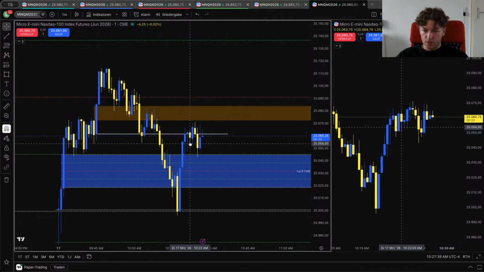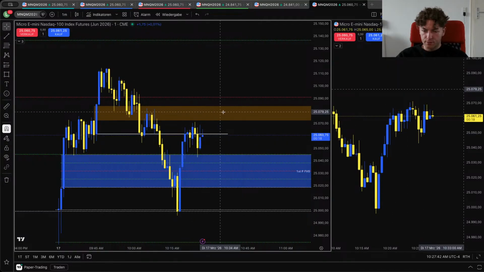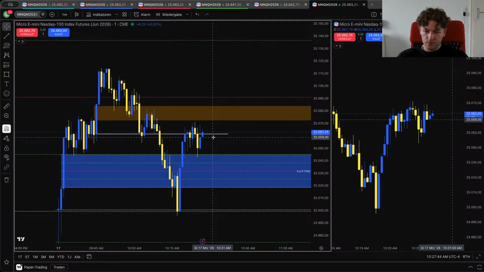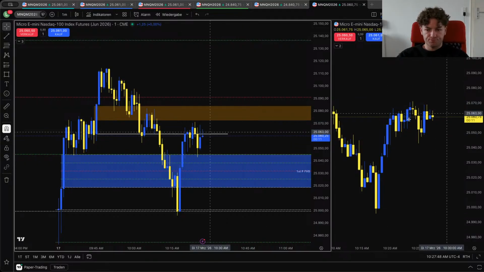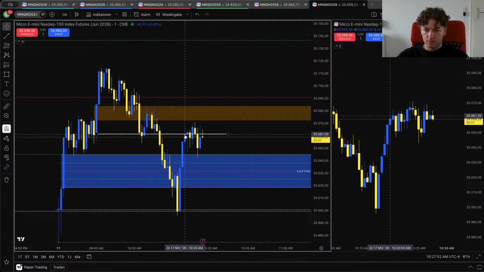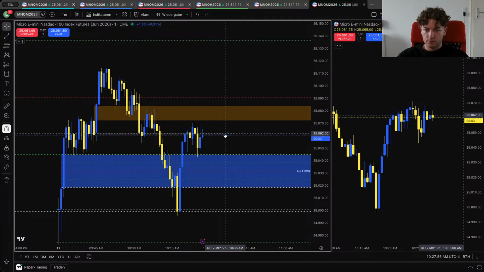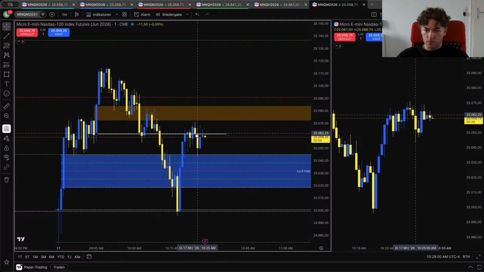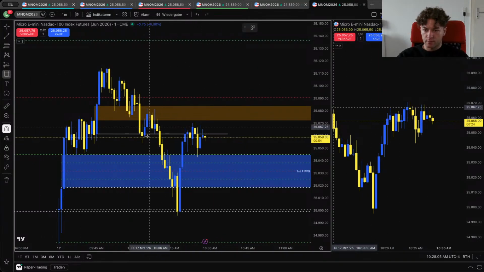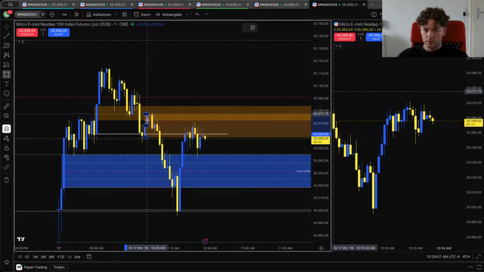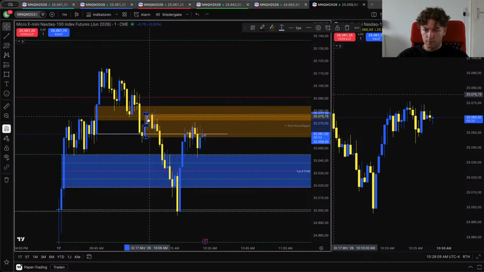See how we just wicked higher and wicked higher, but we were not able to close strong. We are still meandering around at the order block open and this order block. So we are definitely respecting bearish PD arrays, this entire bearish order block.